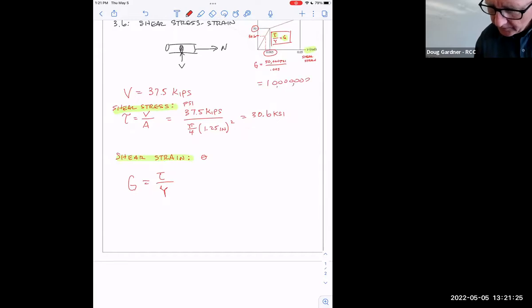If I could see my calculator right. So 10,000 PSI. So then I could say, cool, 10,000 PSI is equal to our 30.6, well, not 30.6, but 30,600.